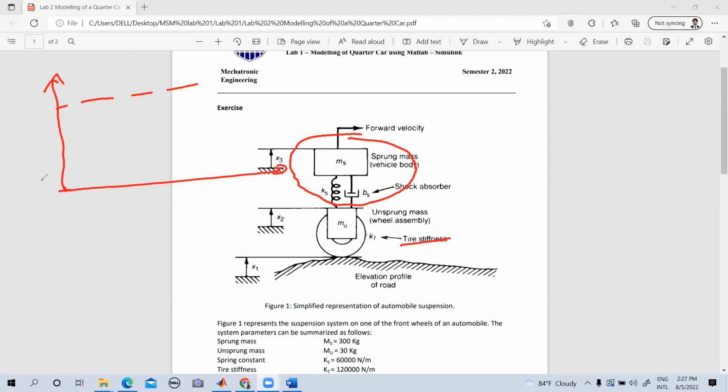But in reality, once you implement this, you don't account for this, and suddenly your system starts acting like this. That is because you don't account for this tire stiffness.